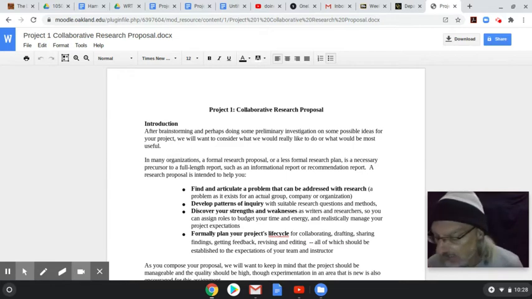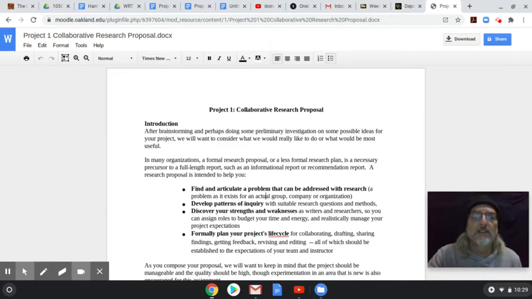I don't want to say a problem per se, but what is something in there that we can research that may need some solutions, or some recommendations or improvements, or where is an area within the research that, through some further research, we could find out more about if we have these research questions.